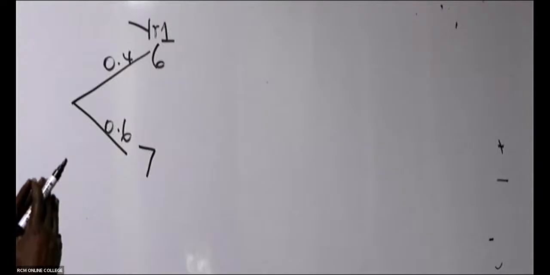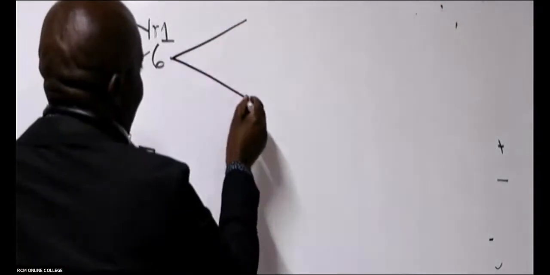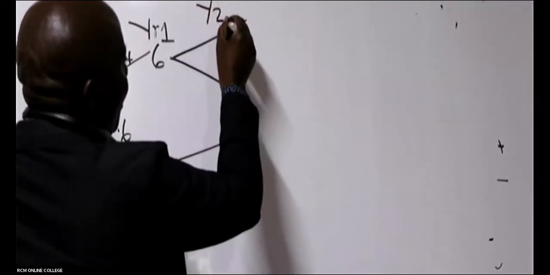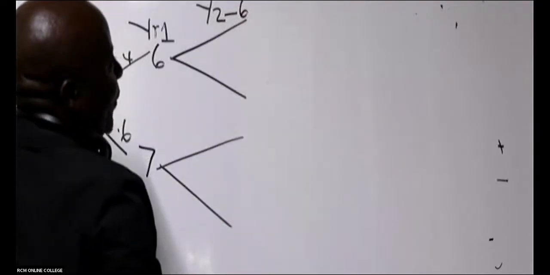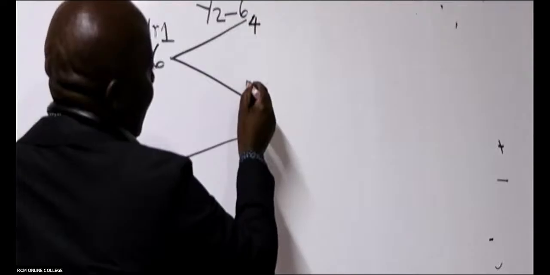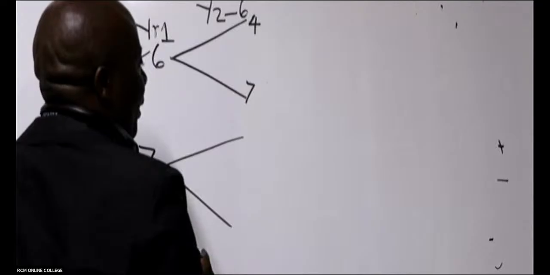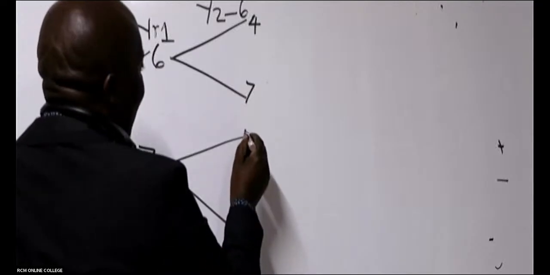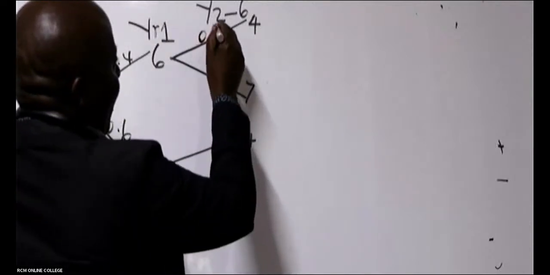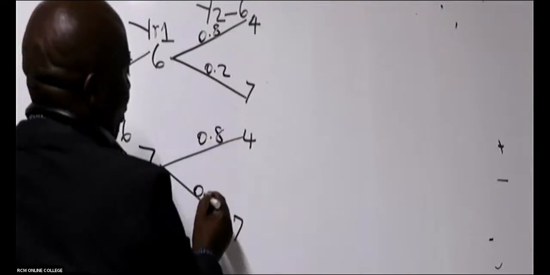And then after year one, we go to the other years moving forward, years 2 to year 6. You get, for example, 4 and 7. Here, also let's work with the same, 4 and 7. So here we have 0.8, 0.2, 0.8, 0.2.